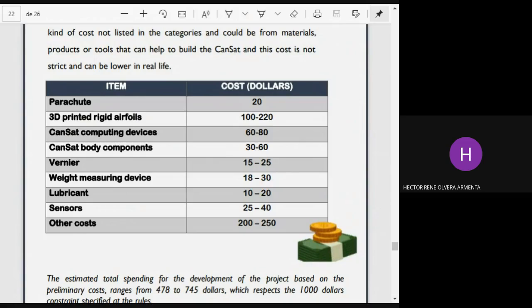The printed rigid airfoils can be from 100 to $220, and so on and so on. With this, we are trying to make a range of our budget and try to not exceed our limitations, that is $1,000.